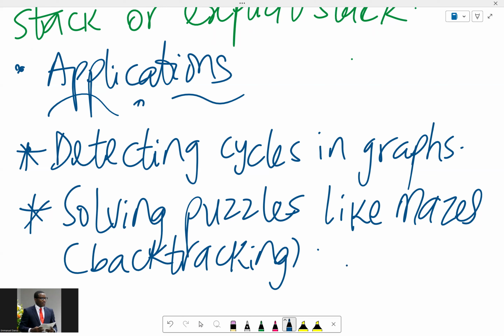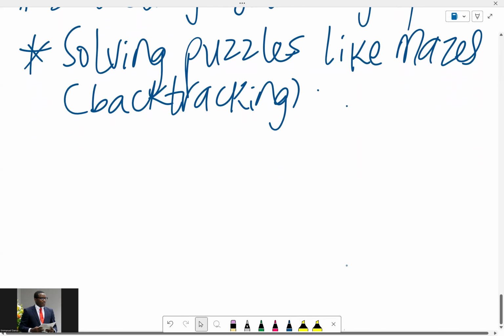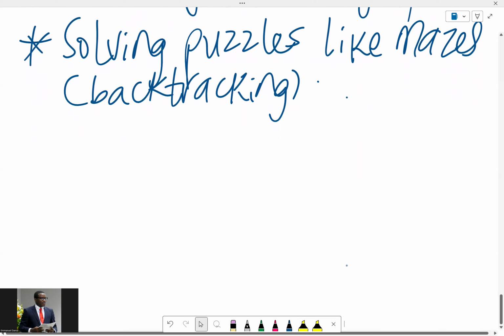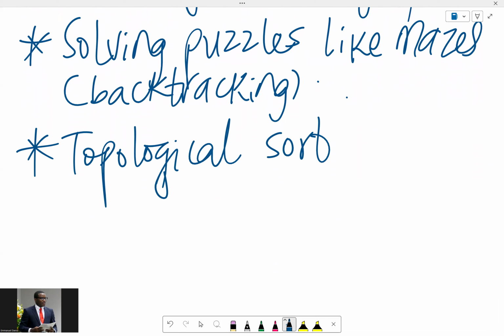Then we have topological sorting. You know, topology is about space, right? Topological sorting. That's another application of depth first search algorithm.